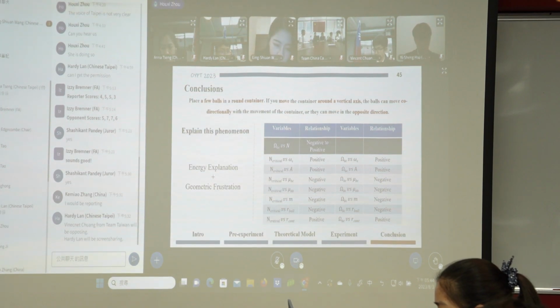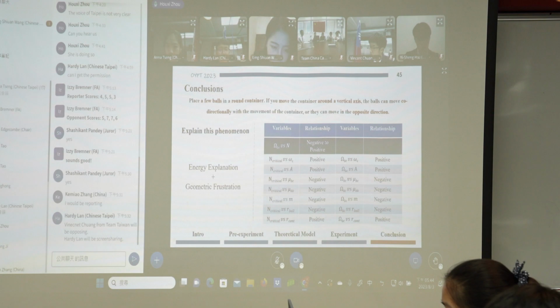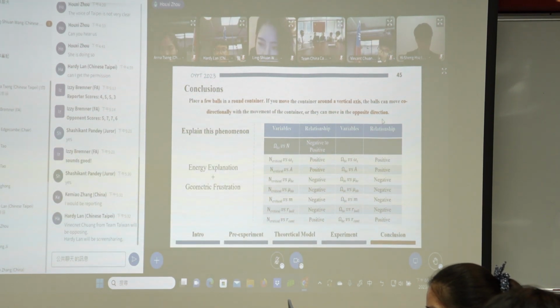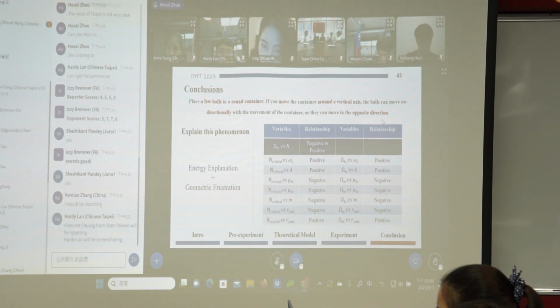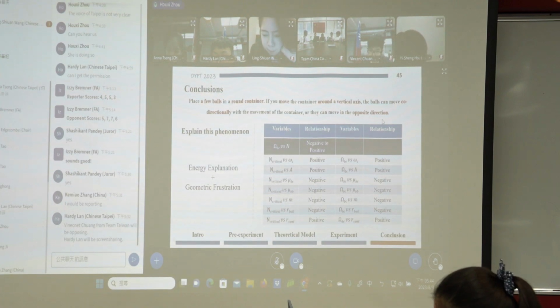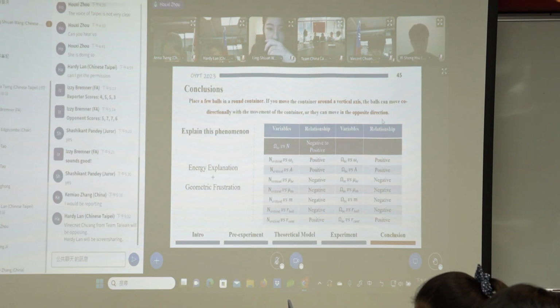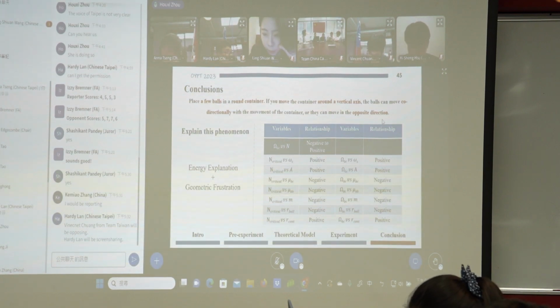This is a brief overview of all of our results, including the two explanations that we already discussed multiple times: the perspective of energy balance, where the energy required for balls to rotate must be offered by collision and friction of the wall, and that when the number of balls increases, each ball gets a smaller share; and the explanation of geometric frustration, where when there are too many balls, they will form a special structure that increases the total friction, so that they move together like a pancake, which is also the explanation that we base our analysis on.